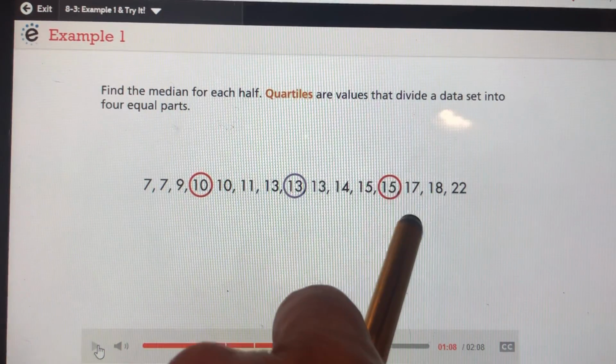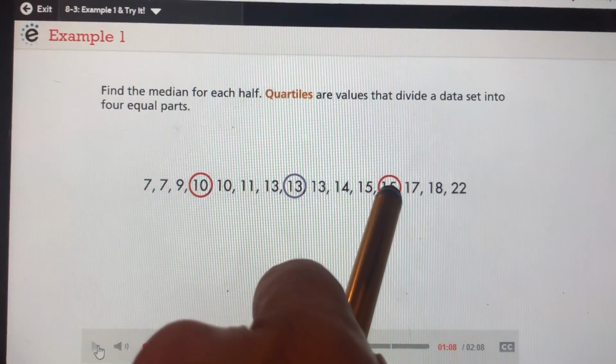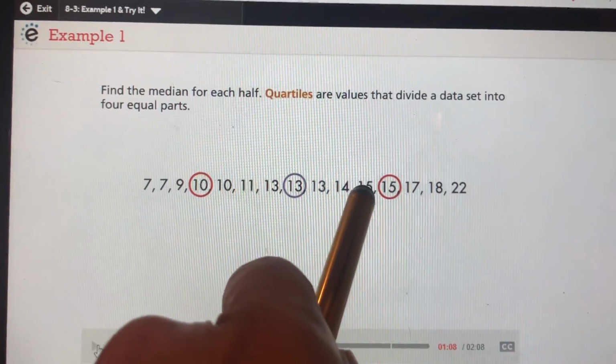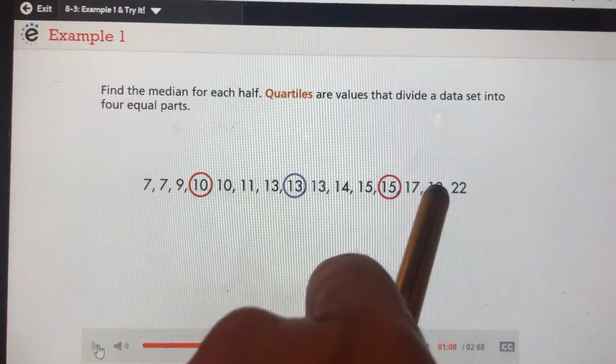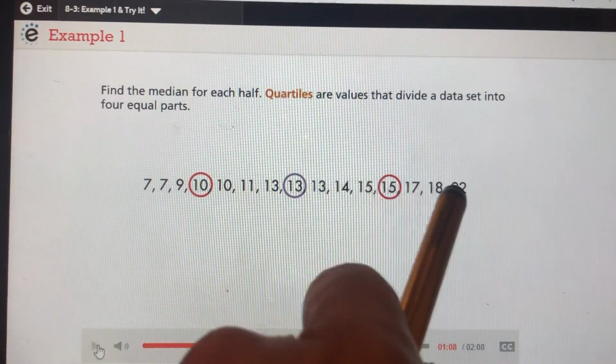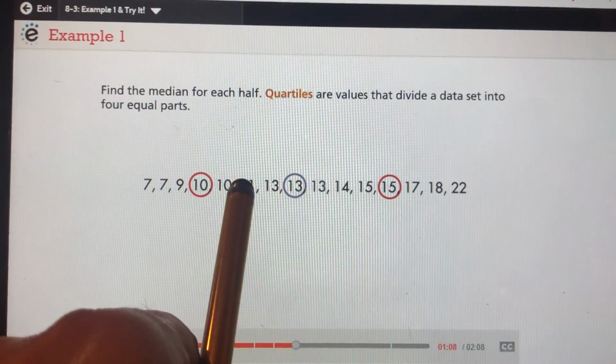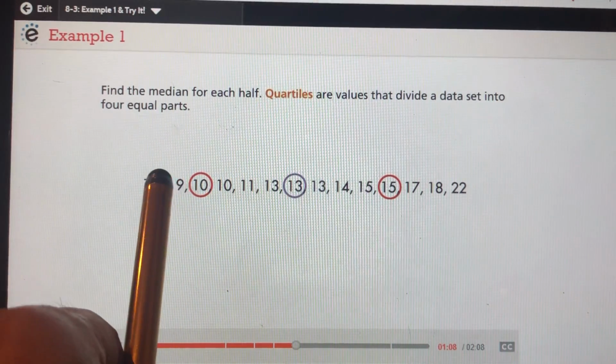It's an odd amount, so I should have one in the middle. Here I have 15, and I'm going to double check: 1, 2, 3, and 1, 2, 3. So I know it's 15 because I have 3 and 3 on this group. I'll double check the 10 too: 1, 2, 3, and 1, 2, 3.